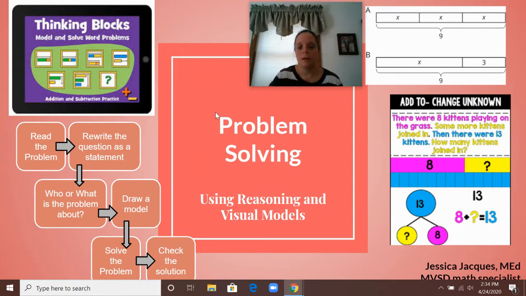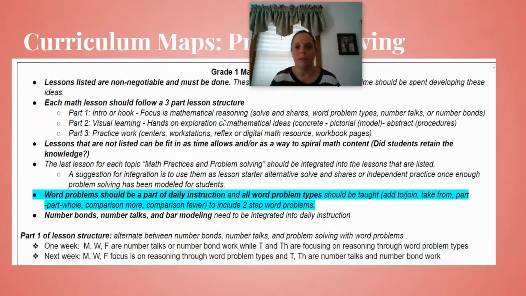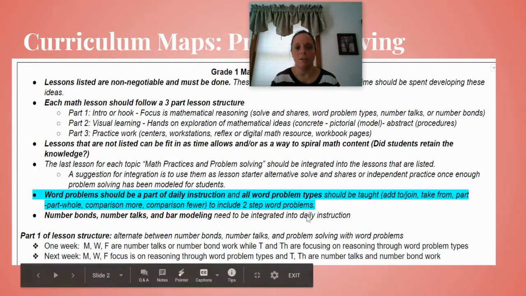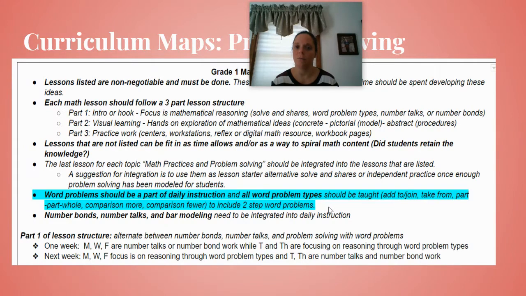So just to highlight, in our curriculum maps at all levels, we talk about emphasizing math reasoning through word problem use and the variety of word problem types. This is grade one, but it's in every single curriculum map at the elementary level. And it's really a good model to use the bar model. I know some people are a little uncomfortable with that.